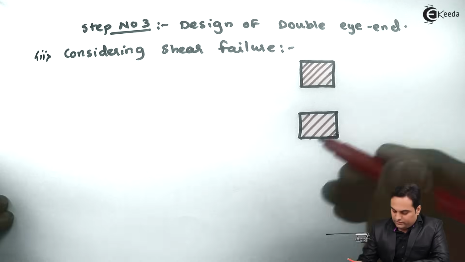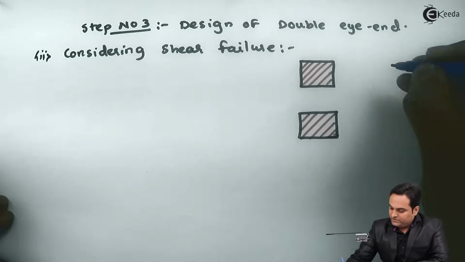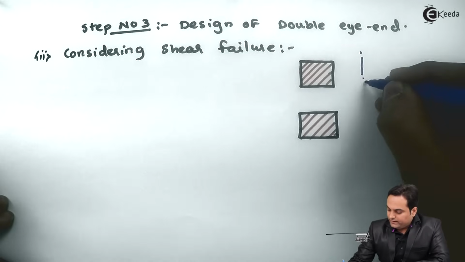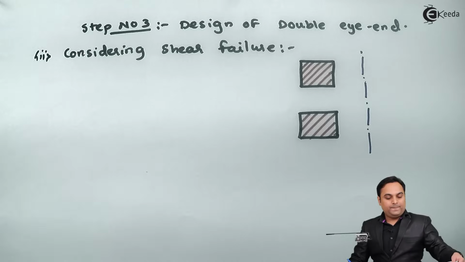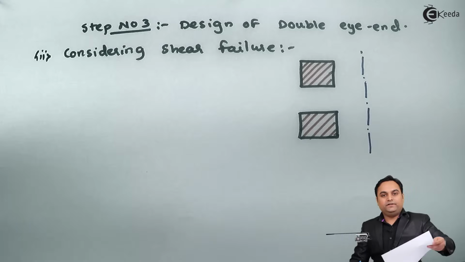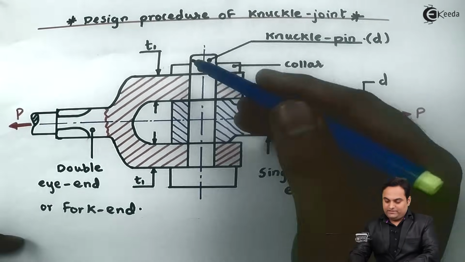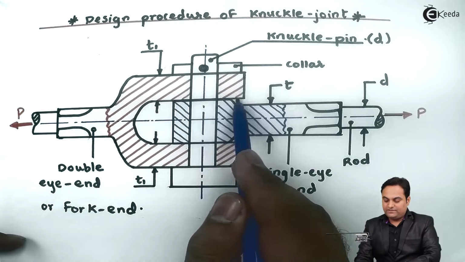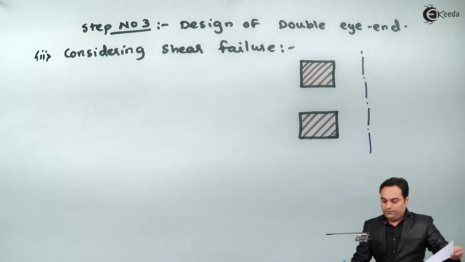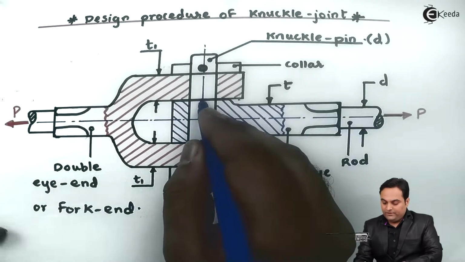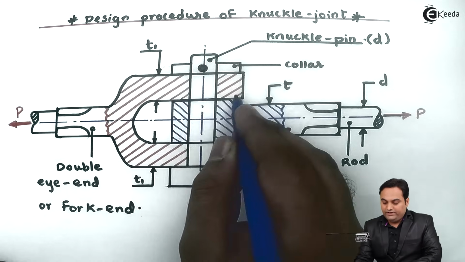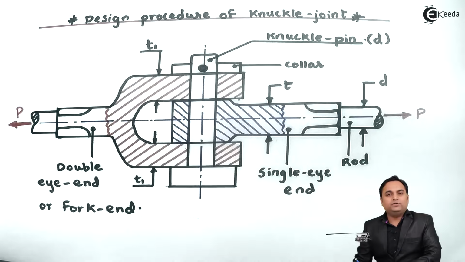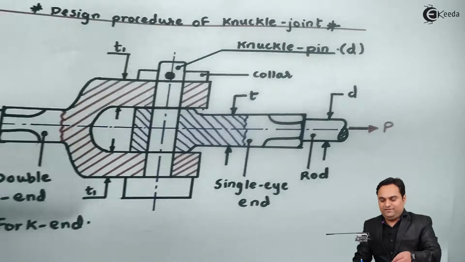Now if I consider this blue line as the center of the knuckle joint, or we can say knuckle pin, which I have denoted in the diagram. Here this is this center line. I will measure the distances from the center. So from the center of knuckle pin till the outer radius, this is the outer radius of double eye end, which is equal to the outer radius of single eye end.